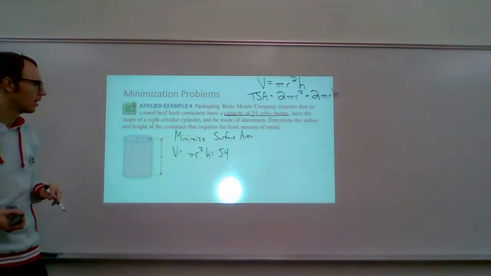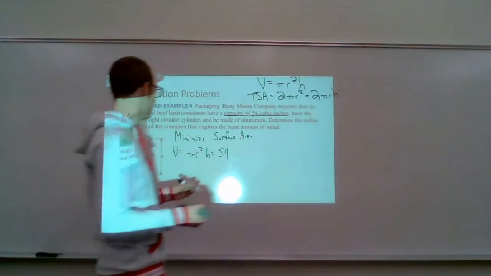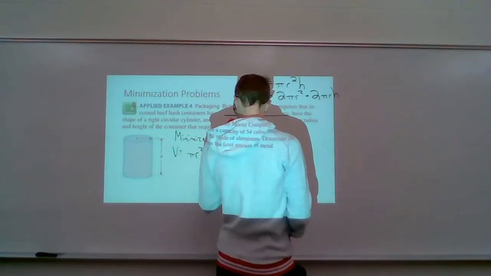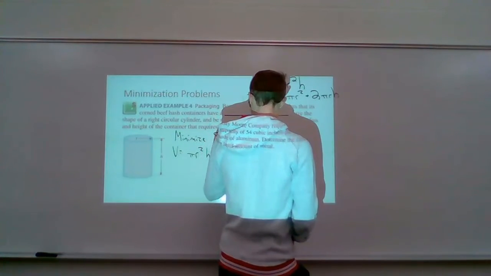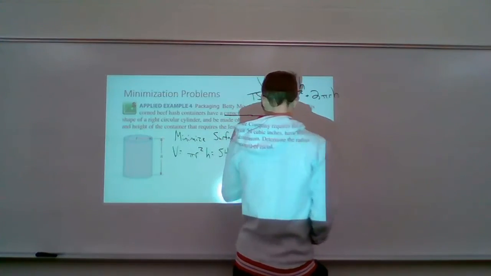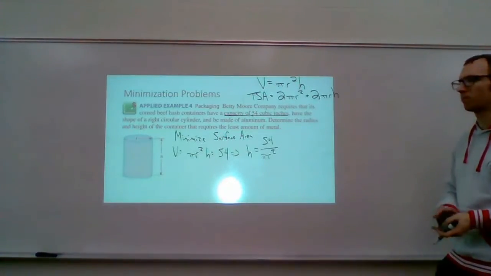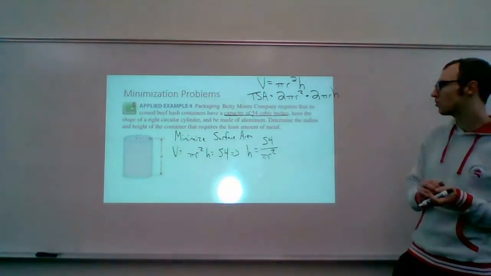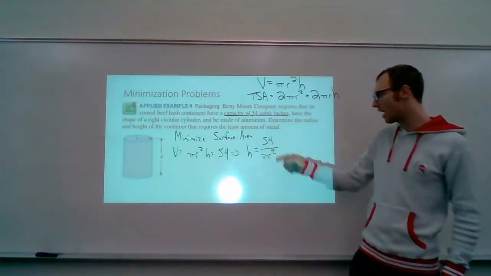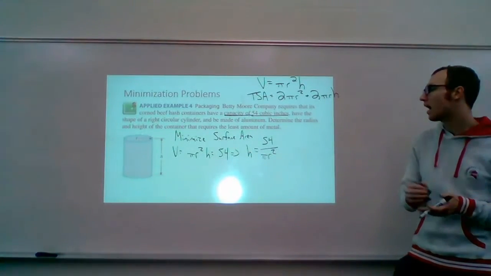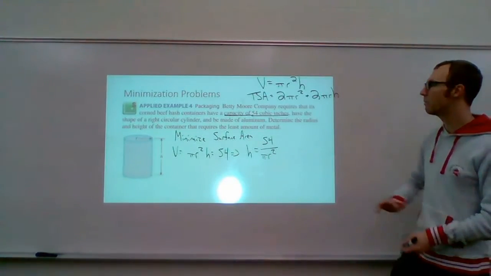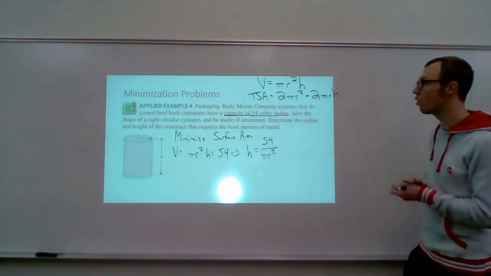We'll solve that for h. h will equal 54 over pi r squared. So that is solving this equation for h. We divided both sides by pi r squared. h is equal to 54 over pi r squared. Now, we want to minimize the total surface area.